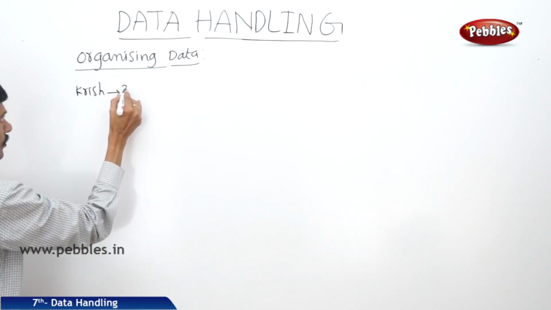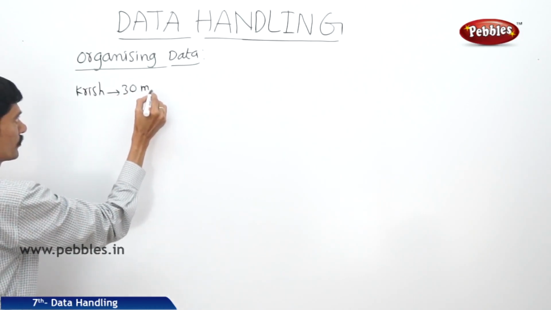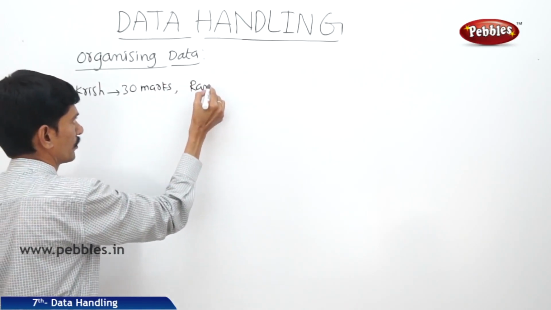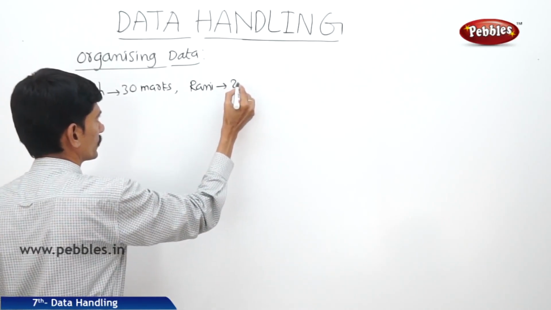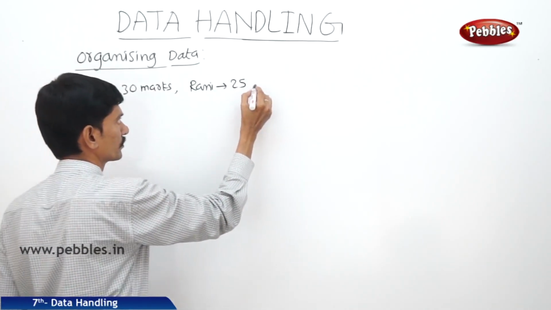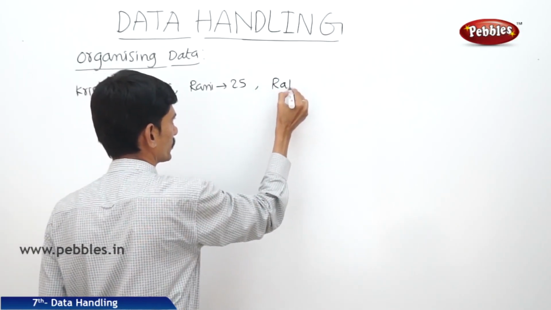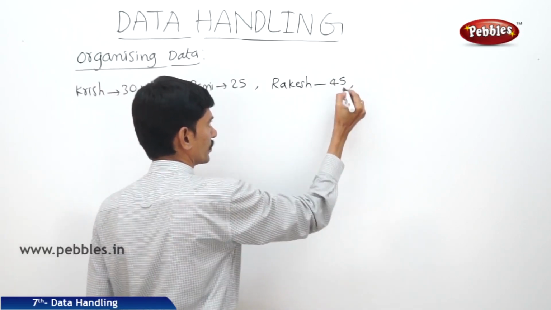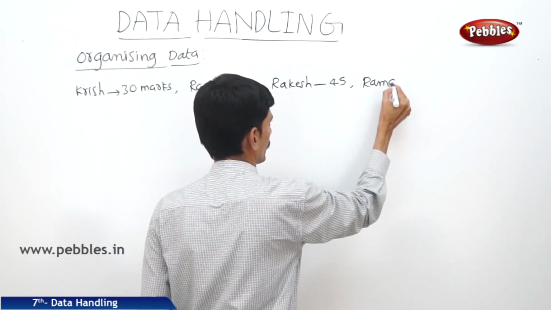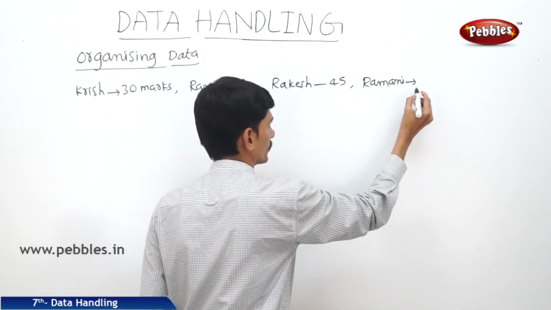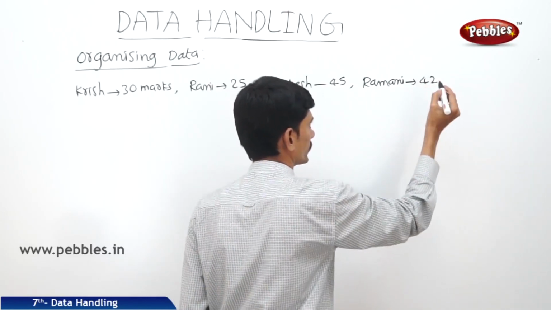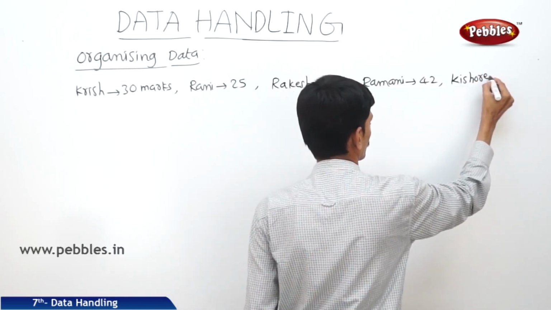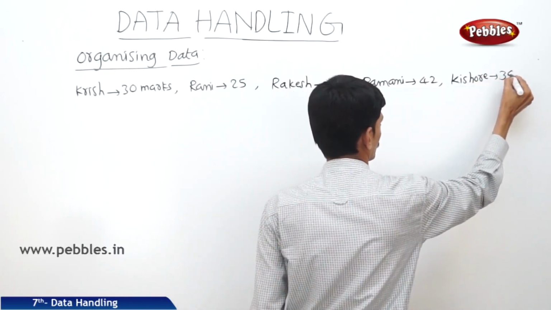Krish has got 30 marks and Rani has got 25 marks and Rakesh has got 45 marks, and Ramani has got 42 marks, and Kishore has got 39 marks.